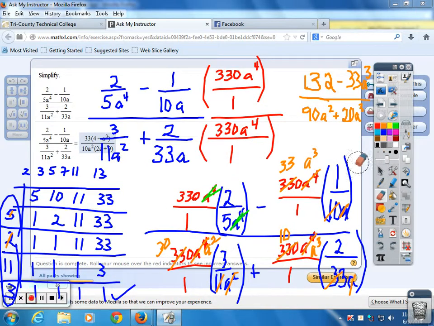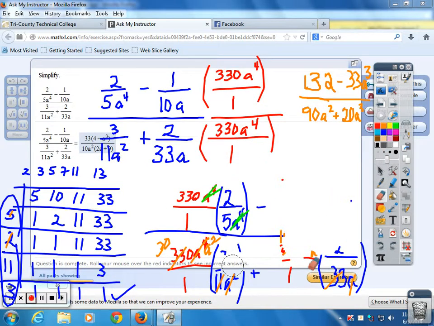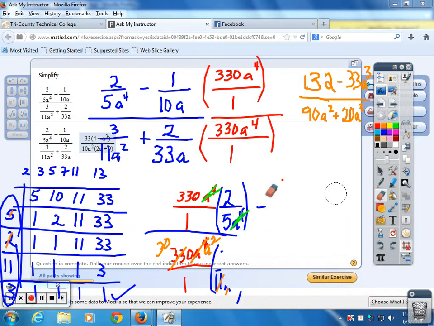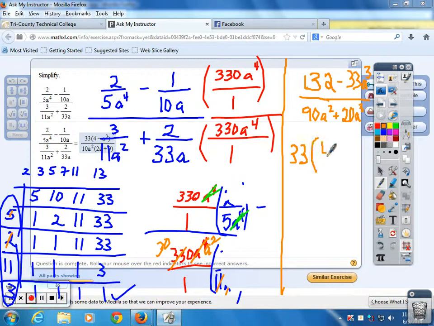Let me clear this out right quick. All right. Did you say 33 will go into 132 44 times? No, 4. All right, so that'd be 33, and that will be 4 minus a cubed.